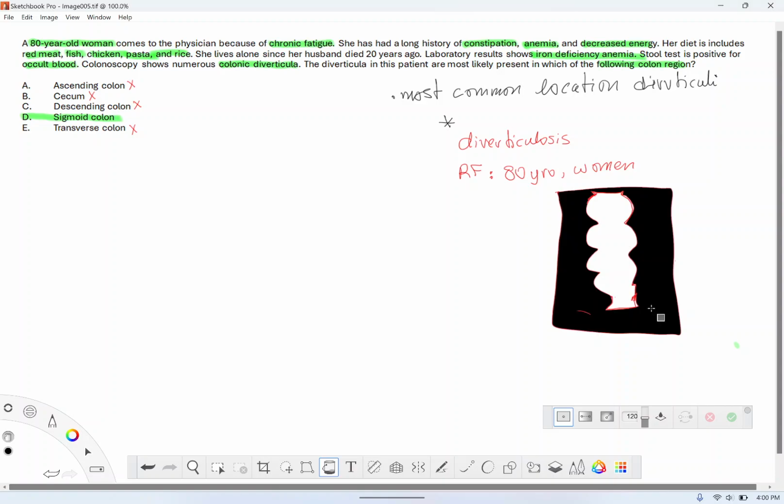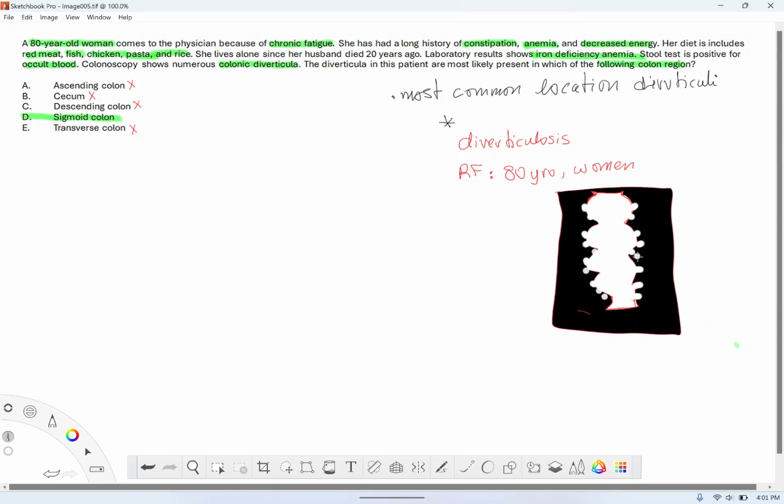Okay, and that's what you will see on barium. But now the diverticulosis would appear like this. Many outpouchings in the intestine, right? Like that.